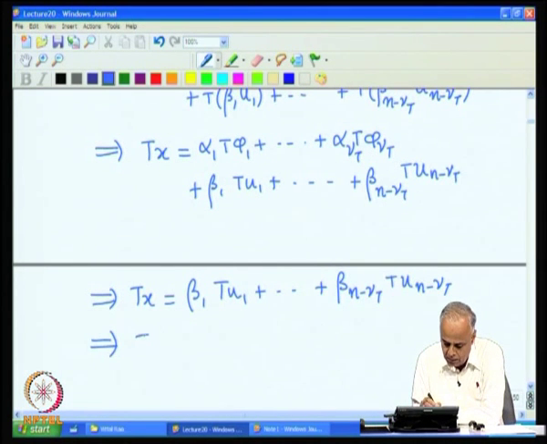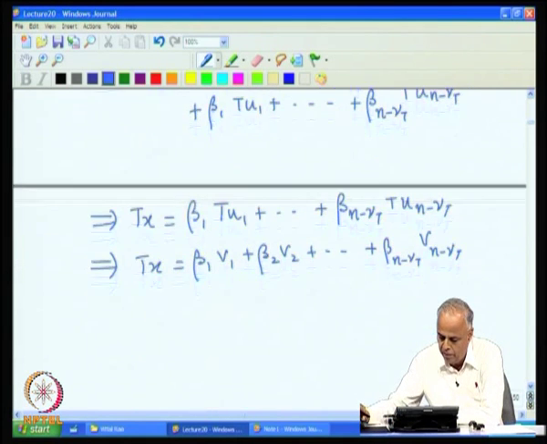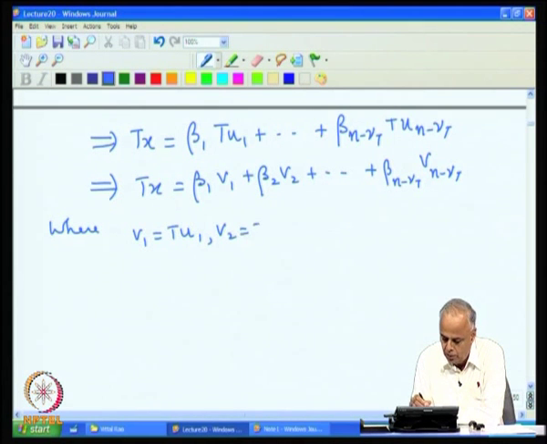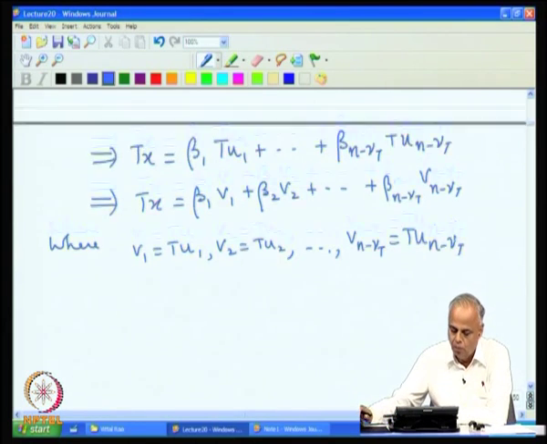We will write it as beta 1 v 1 plus beta 2 v 2 plus etcetera beta n minus nu(T) v n minus nu(T), where v 1 is T u 1, v 2 equal to T u 2 and so on, v n minus nu(T) is T of u n minus nu(T). So, what have we achieved?